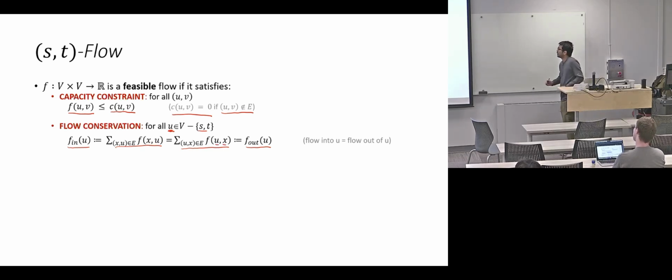So this is just a formalization of what I said. The flow is just an assignment to vertex pairs such that you have 2 things: flow conservation and respecting the capacity.